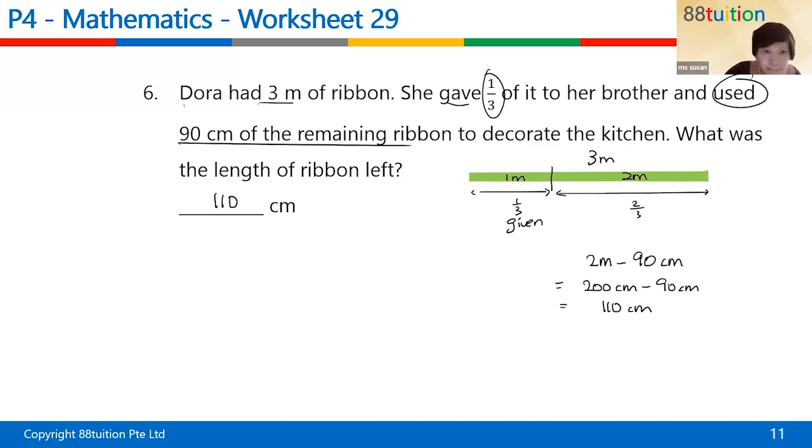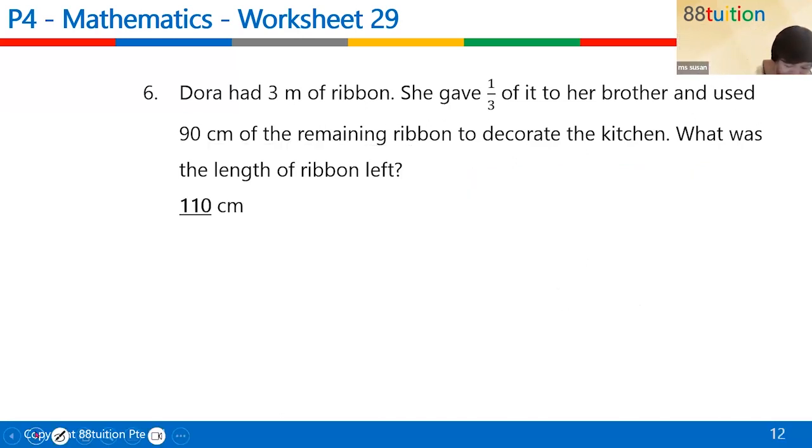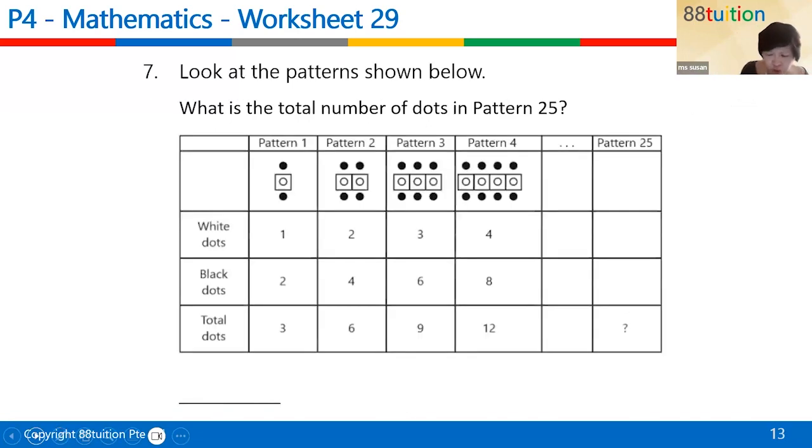Question 7. If you think you need the slides to write or do anything, do stop me first, okay? Look at the patterns shown below and what is the total number of dots in pattern 25? You can see what happened here.